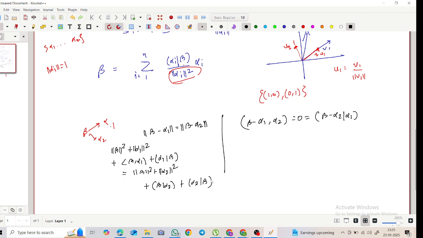Now, okay, this is your equation, and you can just cancel out these two. So you have this. Okay. Now by this you get beta alpha 2, of course, minus alpha 1 alpha 2, beta alpha 1 minus alpha 2 alpha 1. Okay.